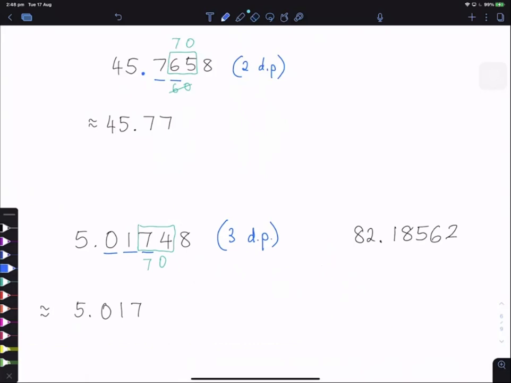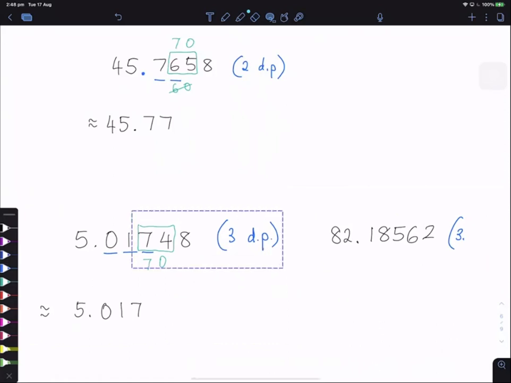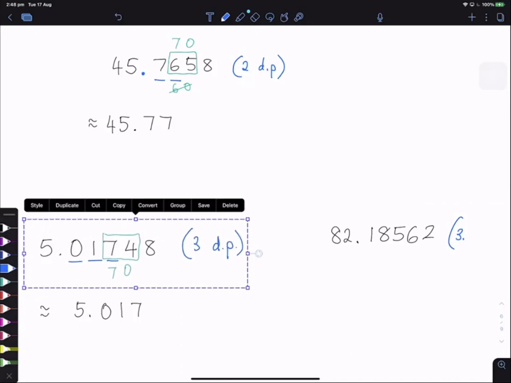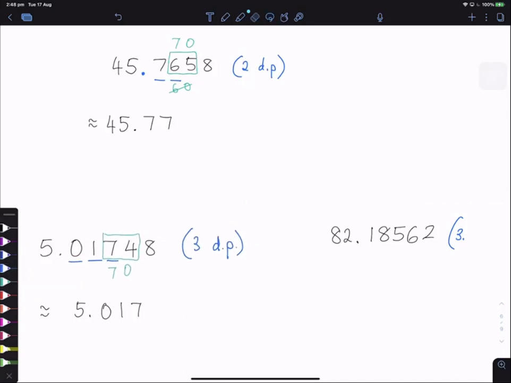I want you to do this to 3 decimal places once again. Three decimal places.